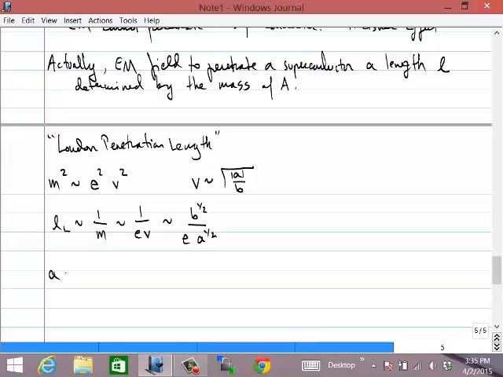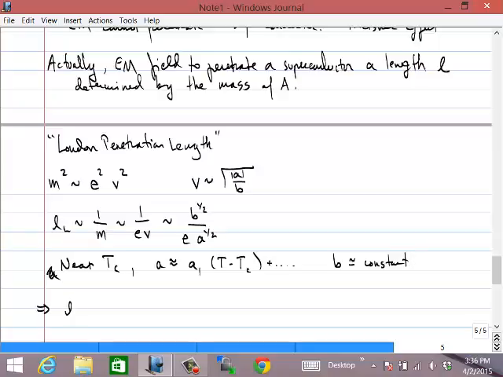Near the phase transition, you must be able to expand that coefficient a in a power series in T minus T critical. So you can write a as something times T minus T critical. And b will just be given by some constant at leading order in its Taylor expansion.